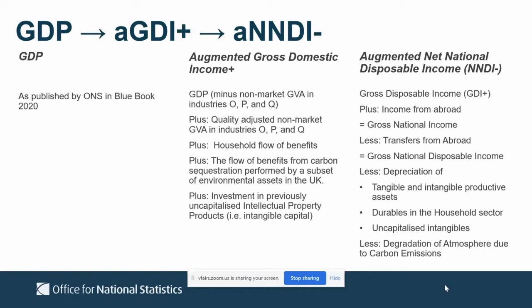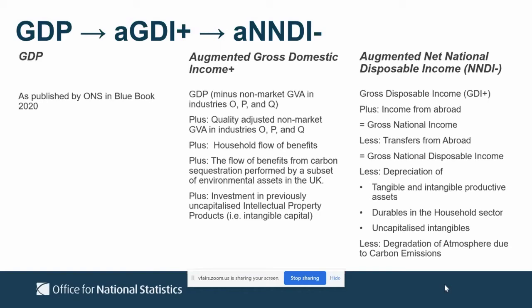So, augmented national disposable income. I might run over by a minute or two, but we probably have some time for that. Augmented net national disposable income plugs in all those things you'd expect: income from abroad, less transfers from abroad. But the important thing here is we're going to sweep up depreciation for assets which are outside the national accounts asset boundary, so durables in the household. We're getting the benefits from them through that unpaid work.